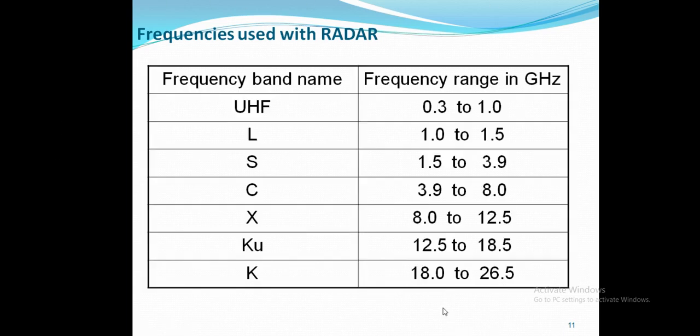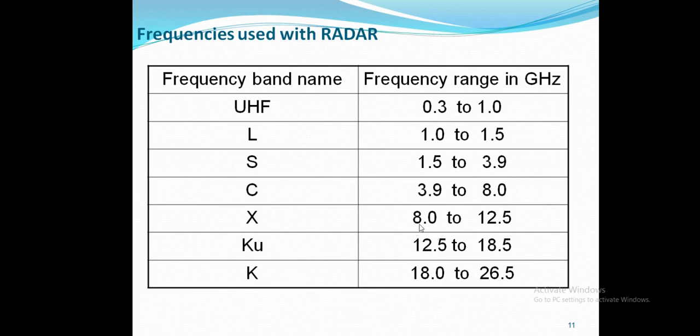So the radar frequencies are in UHF 0.3 to 1.0 gigahertz. L band frequency is 1 to 1.5 gigahertz. Coming to S band, 1.5 to 3.9 gigahertz. C band 3.9 to 8 gigahertz.